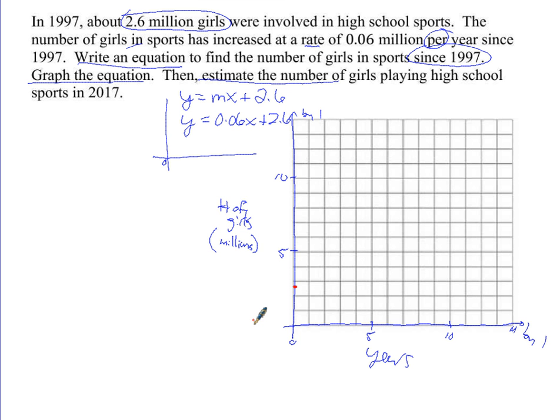So maybe my scale here is a terrible idea, because 0.06 is pretty small. Half a million? 0.5 million? A tenth of a million? 100,000.